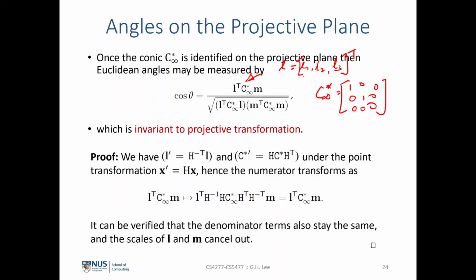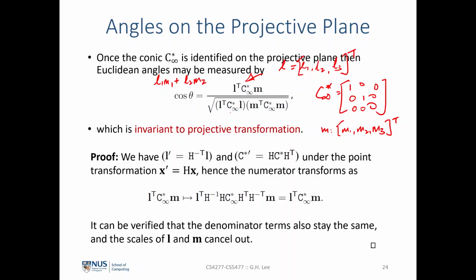So substituting this, and also M equals (M1, M2, M3) transpose, into this equation, we'll get exactly what we saw earlier: L1 M1 plus L2 M2.